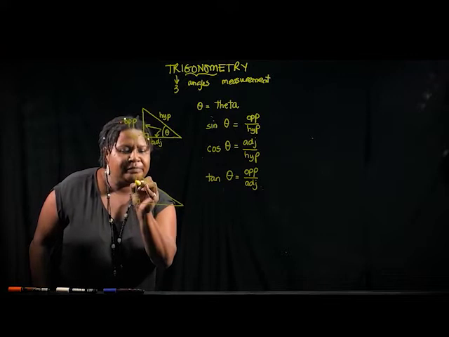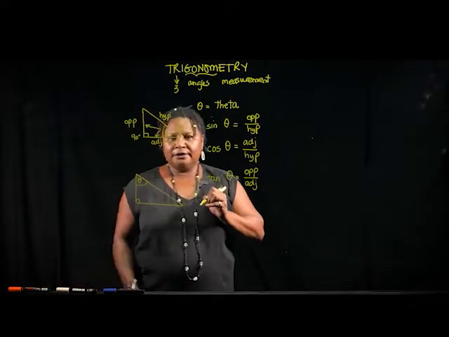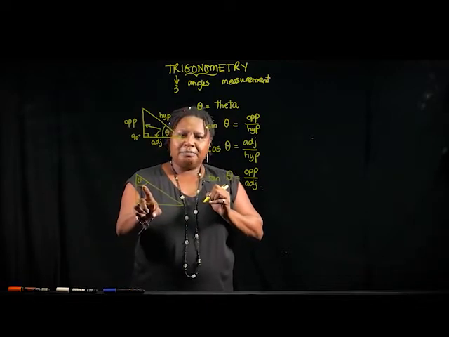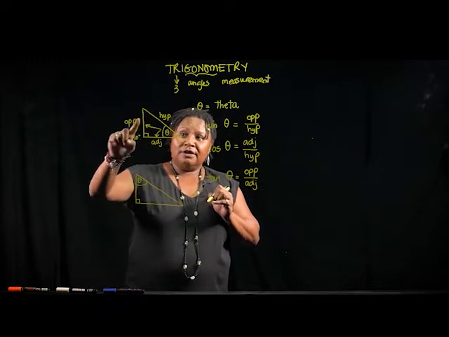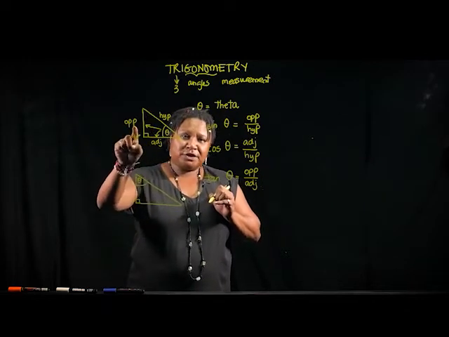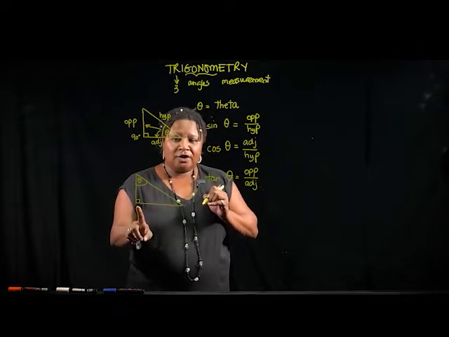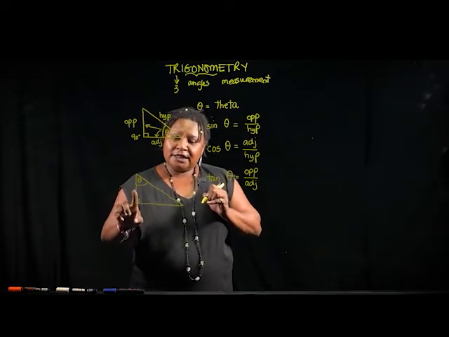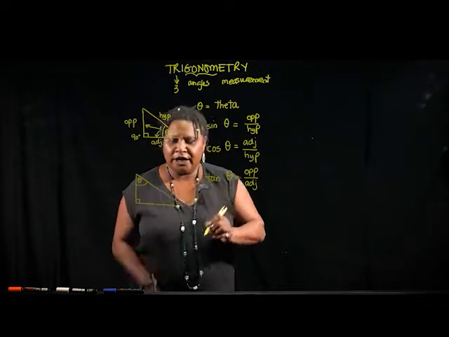This time, theta is up here, okay? According to this triangle, if theta is here, opposite is here. But for this triangle, this side is not opposite anymore because theta is now in this corner.